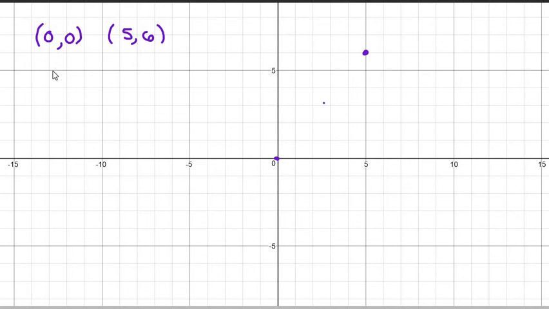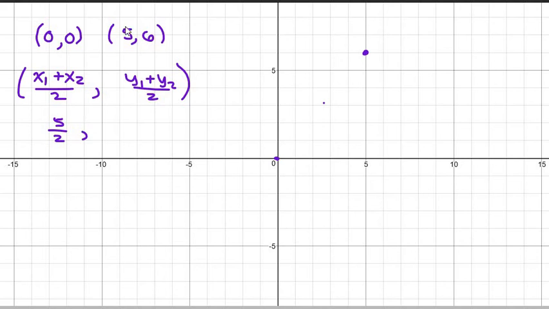See what kind of guess I've made. Okay, so once again, you add your x coordinates. That's going to be your new x coordinate, and your y coordinates will be your new y. So let's do that. 0 plus 5 is 5 over 2, and 0 plus 6 is 6 over 2.